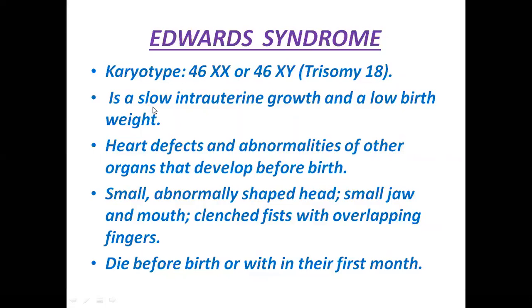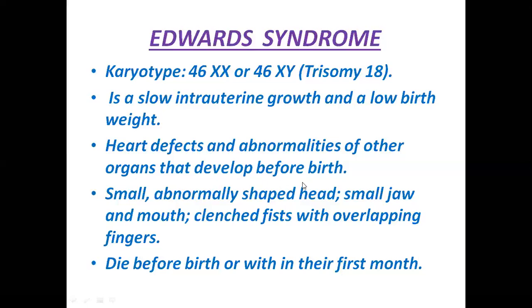There is slow intrauterine growth and a low birth weight. These individuals show very slow development within the uterus. Affected individuals may have heart defects and abnormalities of other organs that develop before birth.